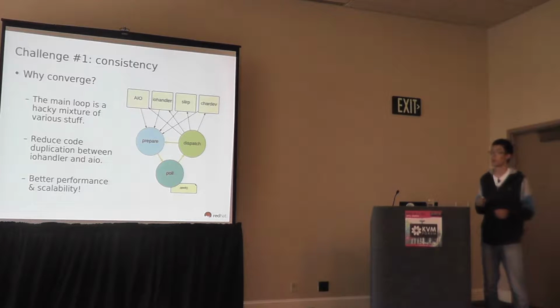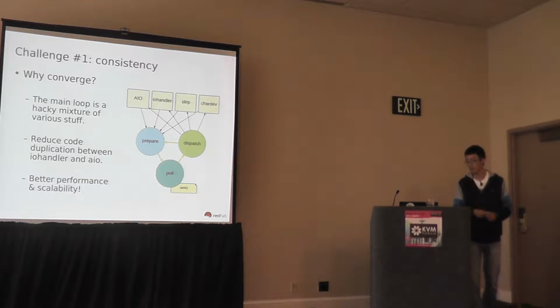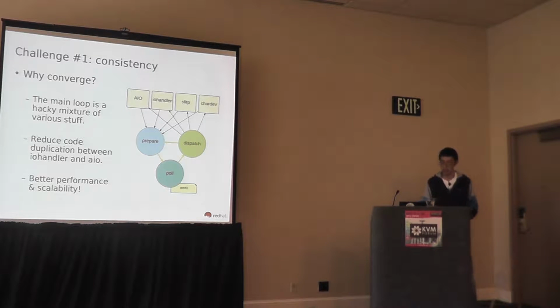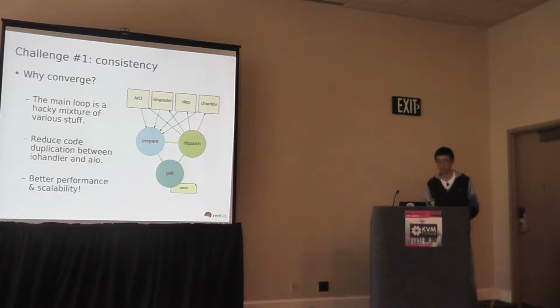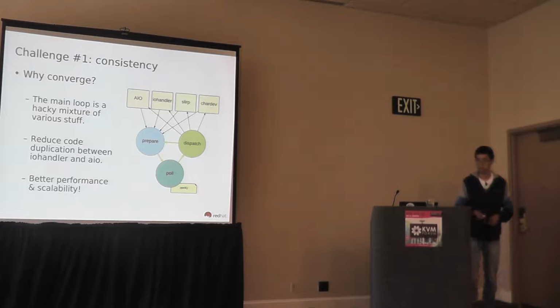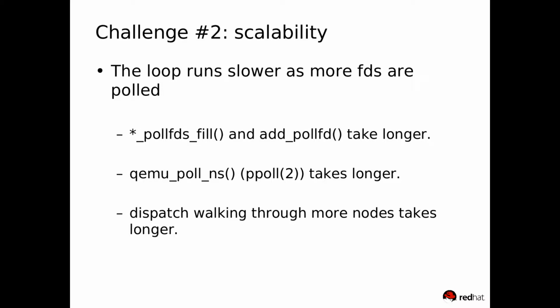But I already removed that. So what we can do is go further and convert them. The last reason is better performance and scalability, which is what I'd like to mention more here. So for that, we go to the second challenge, scalability.